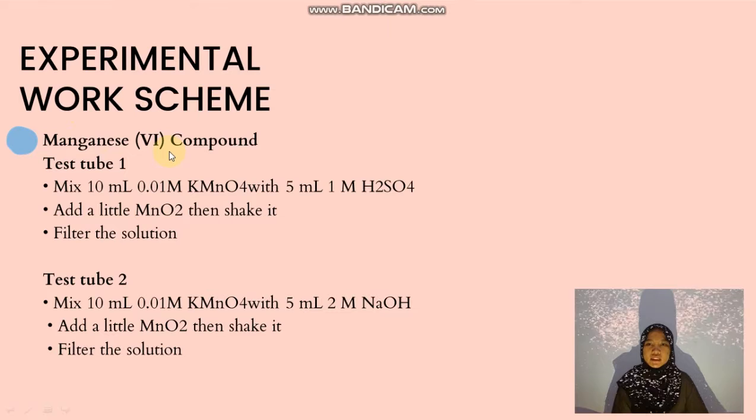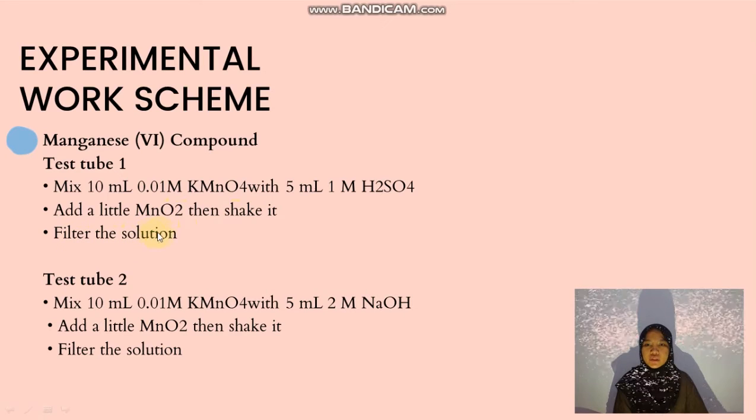First, manganese 6 compound. Test tube 1. Mix 10 ml 0.01 M KMnO4 with 5 ml 1 M H2SO4. Next, add a little Mn and a little MnO2, then shake it.